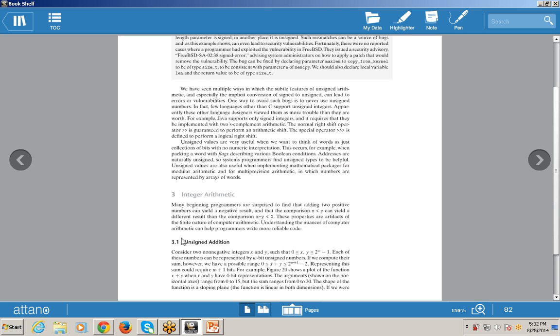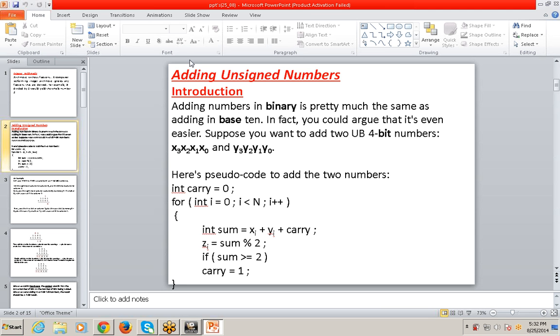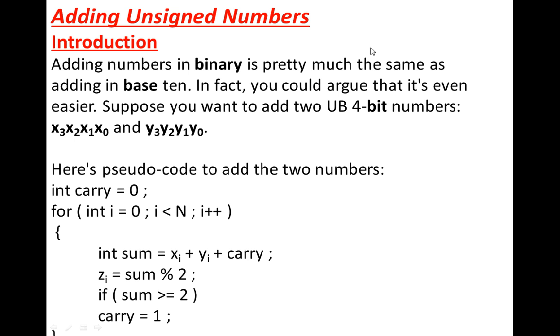Now next is how to add unsigned numbers. This is the next topic, 3.1 unsigned addition: adding unsigned numbers. As I told you, there are two types of numbers, unsigned and signed numbers. This is the introduction: adding numbers in binary is pretty much the same as adding in base 10.